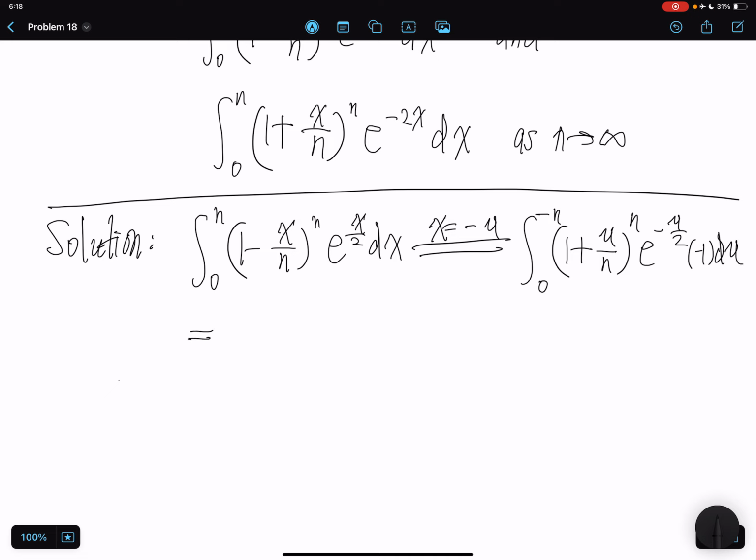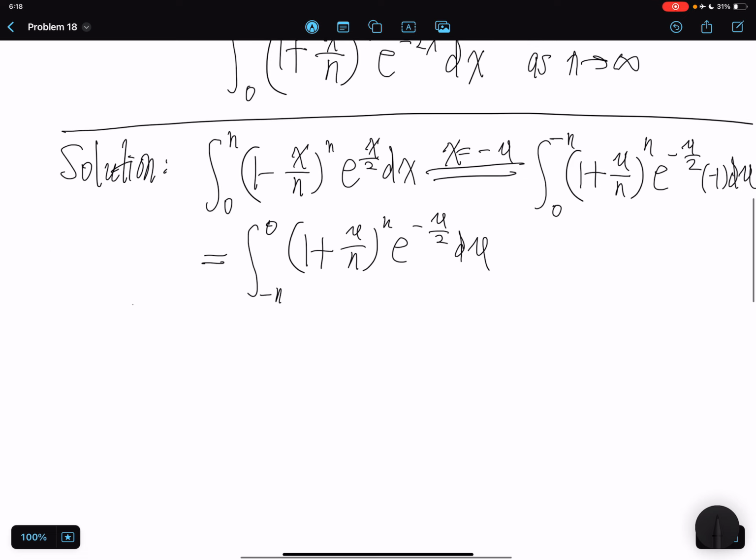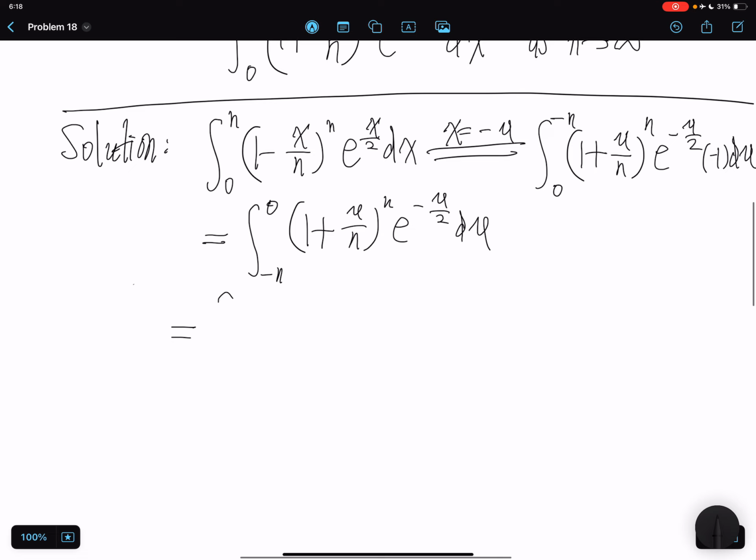And now we can switch the upper limit and lower limit because you have minus 1 here. So this is actually from minus n to 0, (1 + u/n)^n e^(-u/2) du.